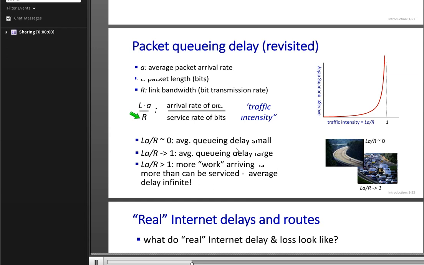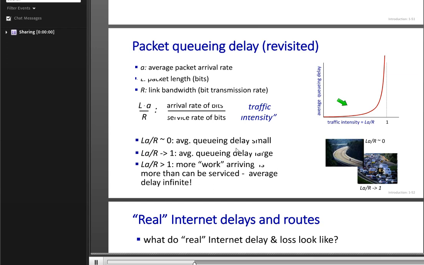Traffic intensity means a ratio between the arrival work and the service rate of that server. So again, it means a comparison between the arrival rate and the exit rate of a system. But why is traffic intensity important for us?